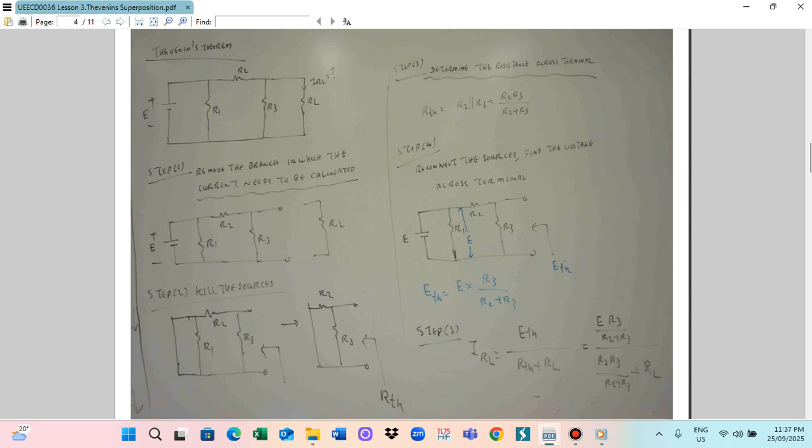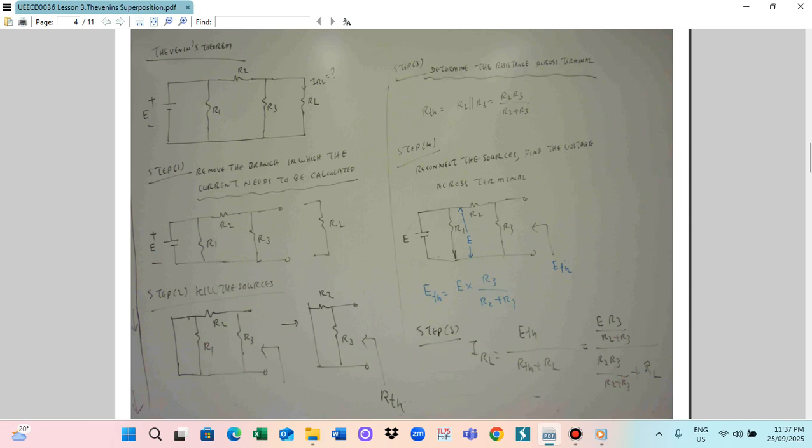And then the final step is that you can find the current by substituting in the formula. So this is step 5. The current IRS is equal to ETH divided by RTH plus RS. In this case you can substitute the formula here.